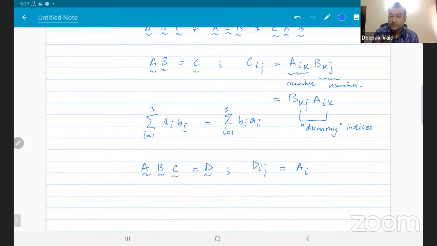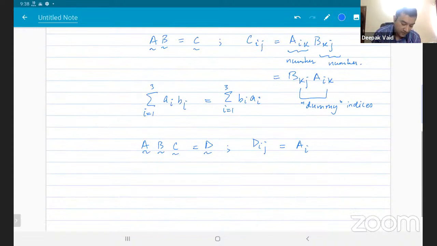They're called dummy because, instead of k, I can use any index. It doesn't matter, right? Because when I have this repeated index, that repeated index basically goes away, so it just works quietly in the background. It's like a dummy.